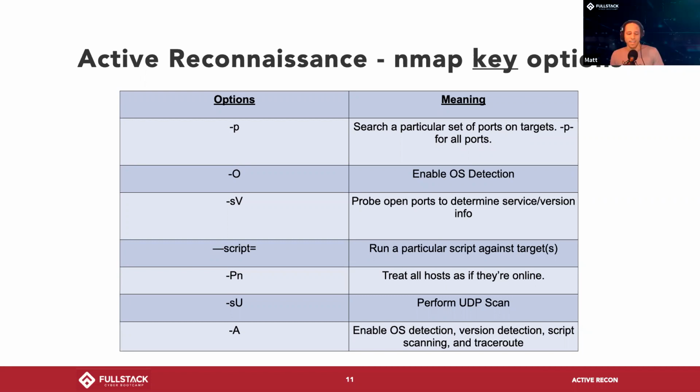Not exactly. The way Nmap works, first, before we start scanning the ports, we're going to ping them. We're going to say, hey, are you awake? And if you're awake, then we'll start scanning the ports. Nmap's trying to be smart, right? I don't want to make noise if no one's home. I don't want to go poke at it if no one's going to even answer the door. If you use the -Pn flag, it's going to skip that ping step.